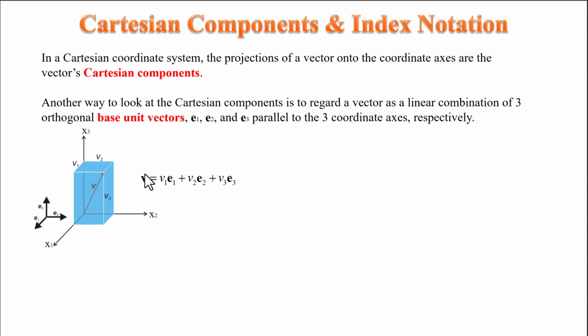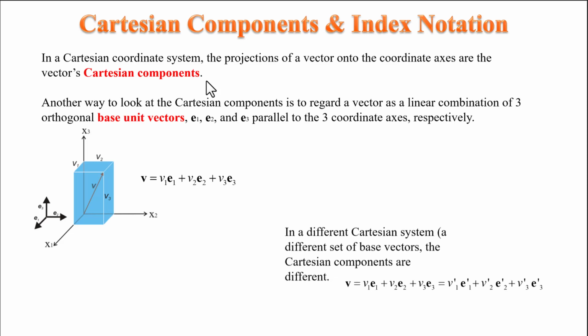We can regard V, a general vector, as a combination of 3 unit vectors, each parallel to a coordinate axis. E1, E2, E3 are unit vectors, parallel to x1, x2, and x3 respectively. So any vector can be represented as a linear combination, and the coefficients are Cartesian components.